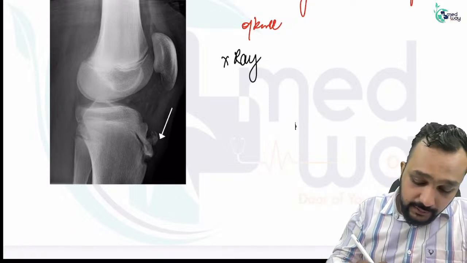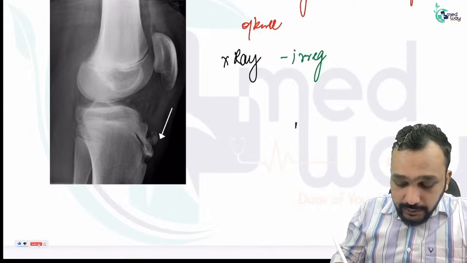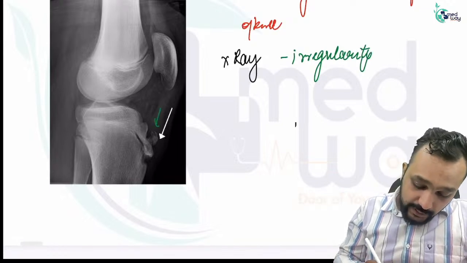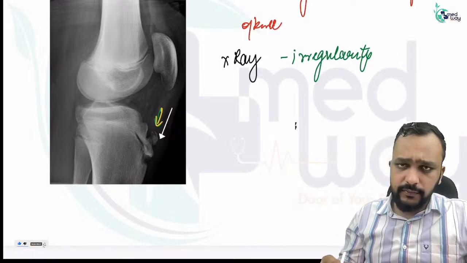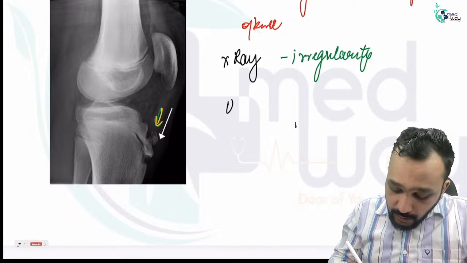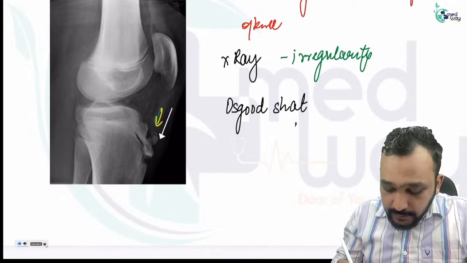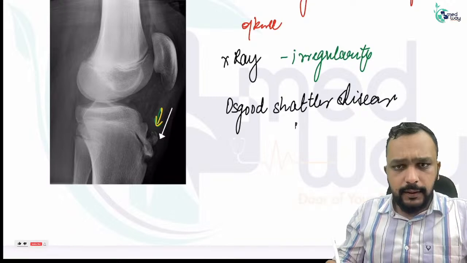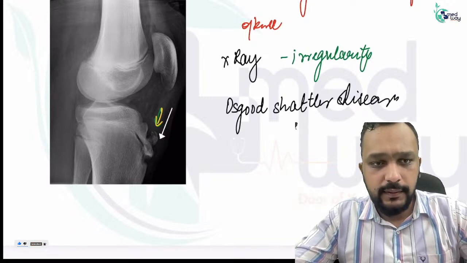On the lateral view, you could see that there was irregularity along the anterior surface, right? So this irregularity along the anterior surface of the knee joint, guys, this is characteristic of Osgood-Schindler's disease, right? Characteristic of Osgood-Schindler's disease.